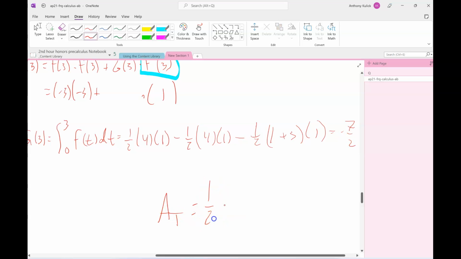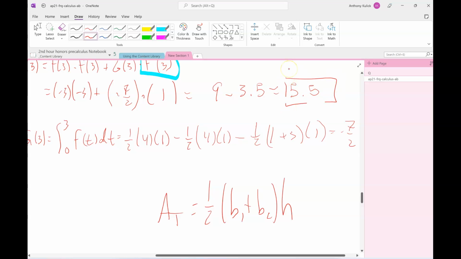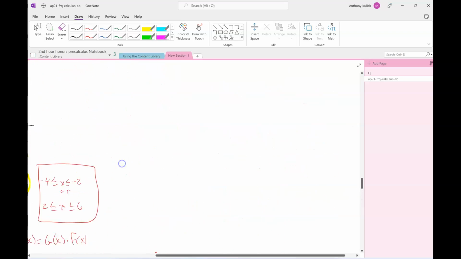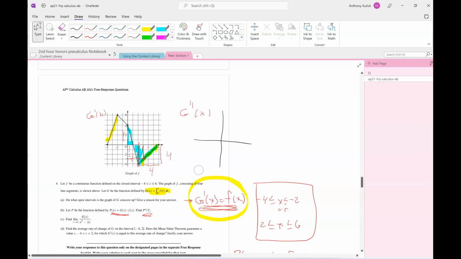It's 1/2 times b1 plus b2 times height. And that's whoever decides the height. So, 1 and 3 in this case, right? Why is it 1 and 3?